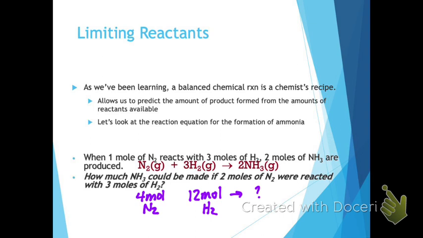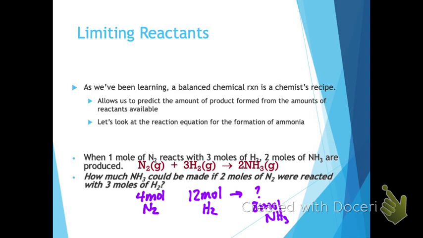What do you think? Say it. 8 moles. Look at the ratio there. I'm starting with 4 times as much as I need. This one's also 4 times as much as I need. So I'm going to make 4 times as much product as it called for. Do we see the ratio there? Yes or no?